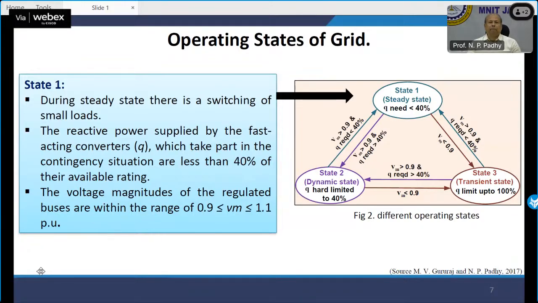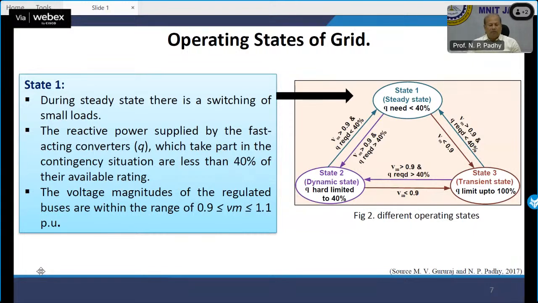During steady state, there is switching of small loads: lights, fans, pumps being switched on and off. You will experience different voltages, but it is not very worrisome. The reactive power supplied by the fast acting converters, which take part in the contingency situation, is less than 40% of their available rating.